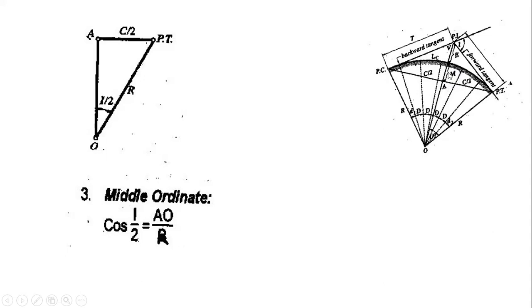To obtain the length of the line segment middle ordinate, we need to consider the R value minus the segment OA. By considering this triangle, cosine of this angle is equivalent to AO, this segment, over R. So isolate AO. This will give us R cosine I over 2.